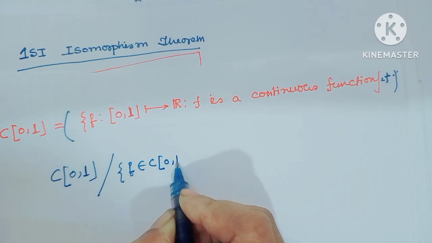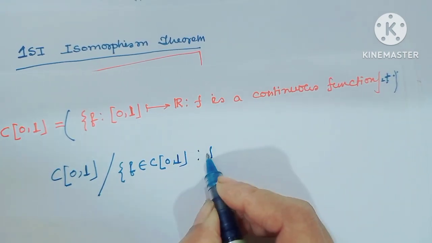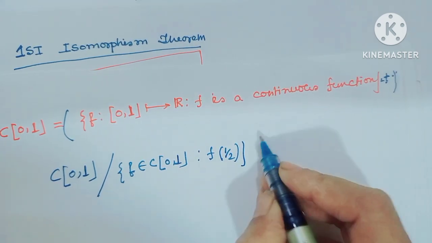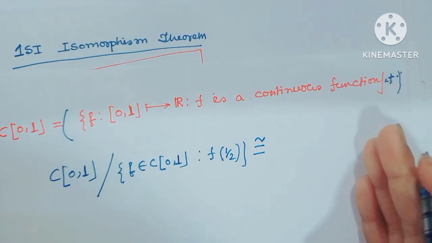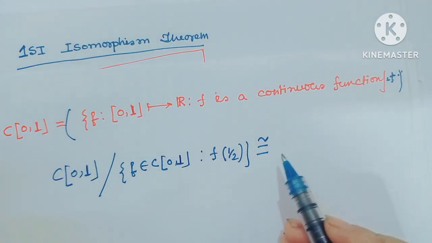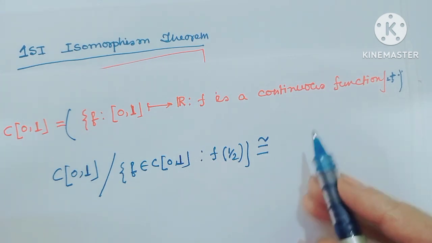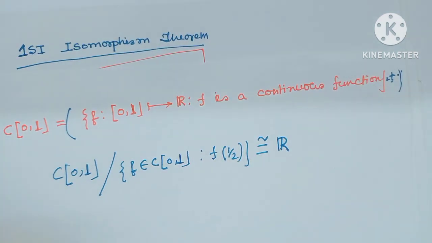If you put any real number between 0 and 1, say f of half equal to 0, then can you tell this is isomorphic to what? At first think and pause the video. Think yourself. Then see my video. This is actually isomorphic to the real numbers.